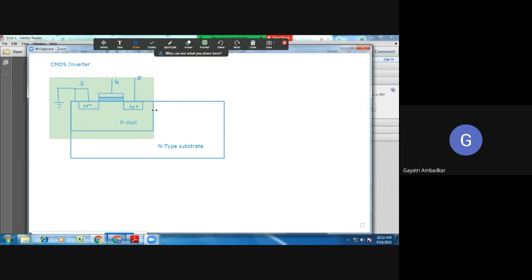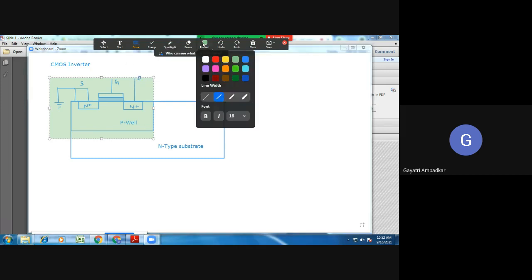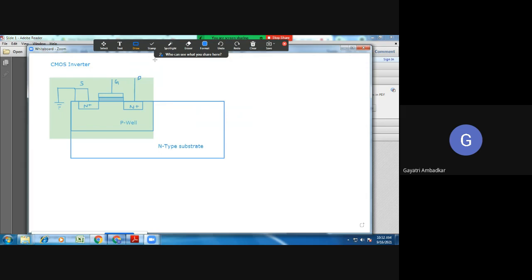Now I want P MOSFET. So for P MOSFET, the base which is needed is N type. So it is already present there. So what I will do, I will form PMOS. Okay. So for the PMOS, this is the N substrate, and under that you have two P blocks, which are the drain and source of this.